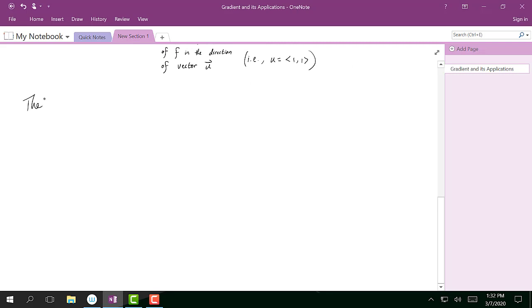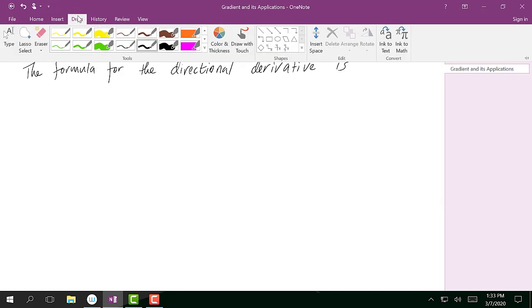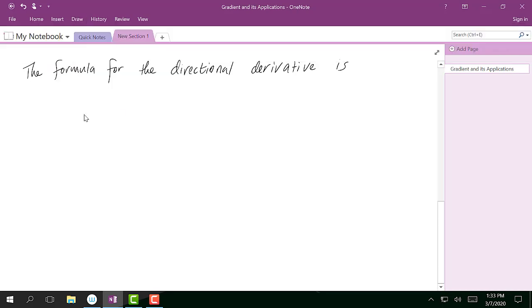So the formula for the directional derivative is, again, the way that we notate it is going to be d subscript u vector of f.